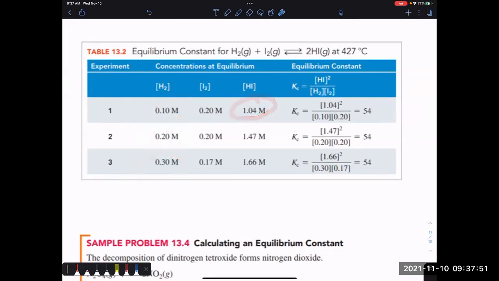Oh, these are the concentrations at equilibrium. Oh, I see what you're saying. Okay. So at equilibrium, right, these are all different concentrations for the individual things. But when we plug them into this equilibrium equation, we end up with the same number. So the equilibrium constant is always 54 for this reaction at this temperature.